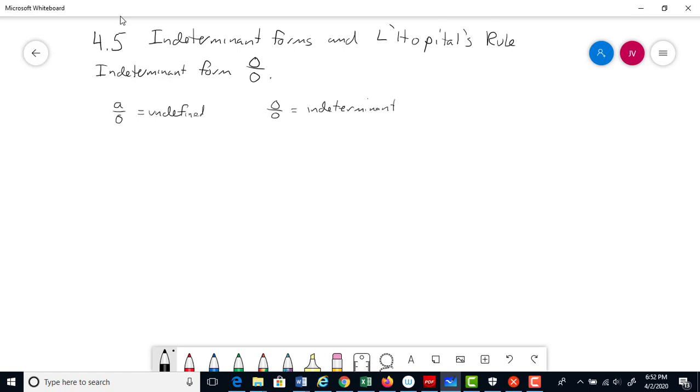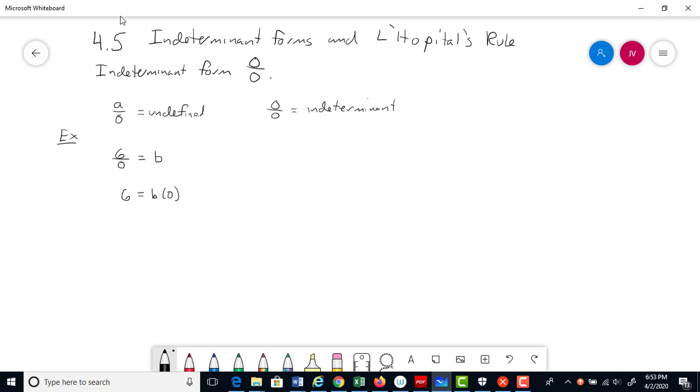Now, just a quick example of why this is the case: if I have 6 over 0, and we call this equal to b, division has an equivalent multiplication expression. So I multiply both sides by 0, which means 6 would be equal to b times 0. If I can't figure out what b is here, I can try to figure it out here.